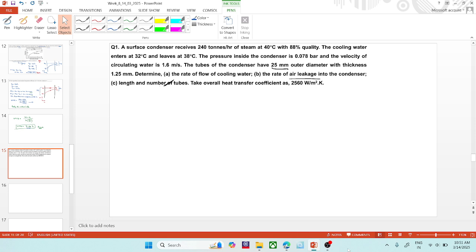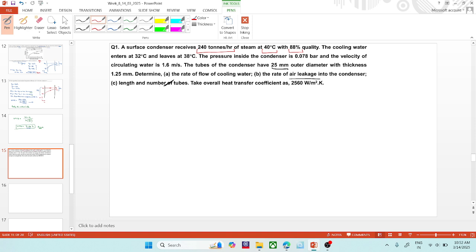Okay, so the problem statement is: a surface condenser receives 250 tons per hour of steam at 40 degrees centigrade with 88% quality.